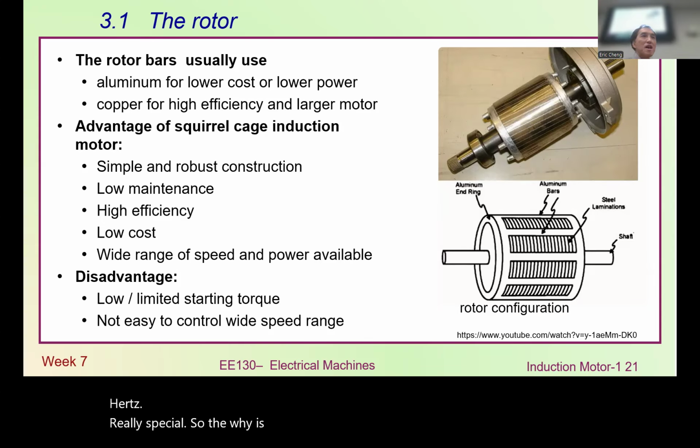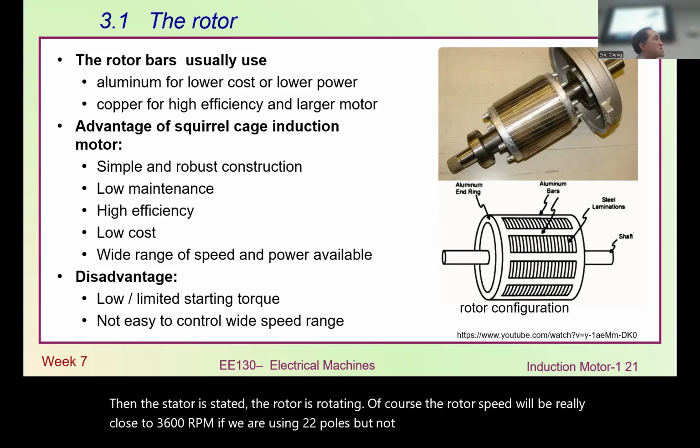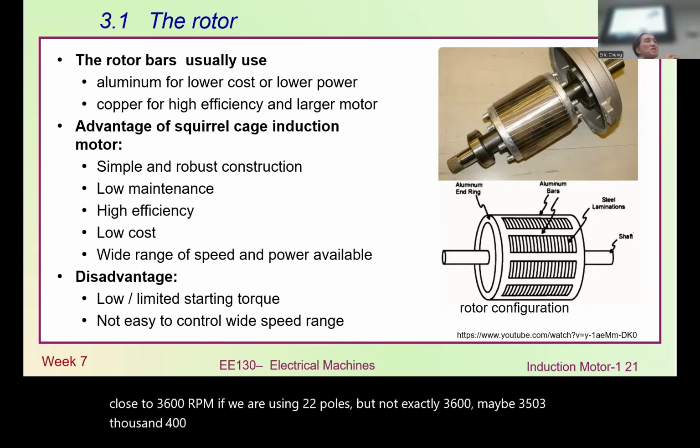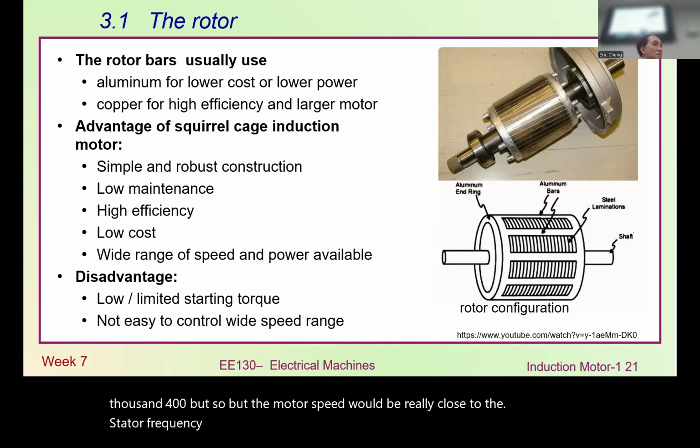Because of magnetic induction, the stator is stationary and the rotor is rotating. Of course, the rotor speed will be really close to 3,600 RPM if we are using two poles, but not exactly 3,600, maybe 3,500, 3,400. But the rotor speed will be really close to the stator speed anyway.